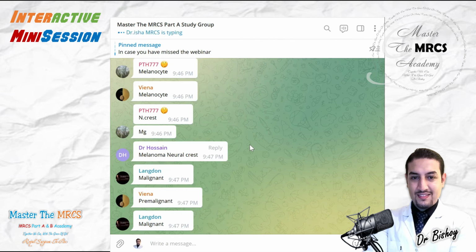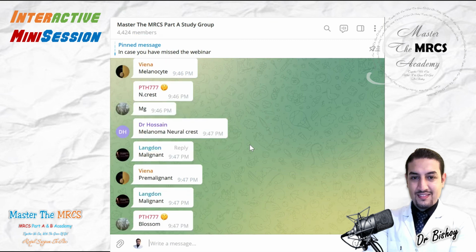The melanoma has two classifications regarding its aggressiveness. Who knows it? It's all about the depth. Who can remember it? The depth of the melanoma. Clark?